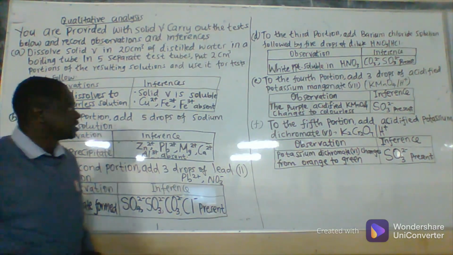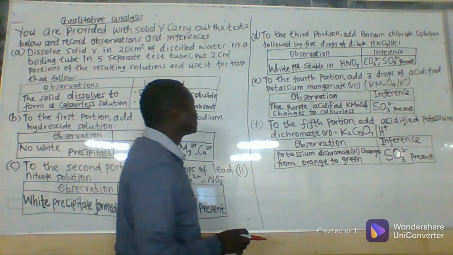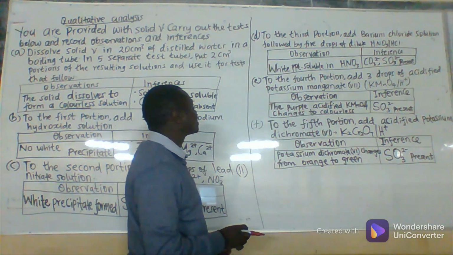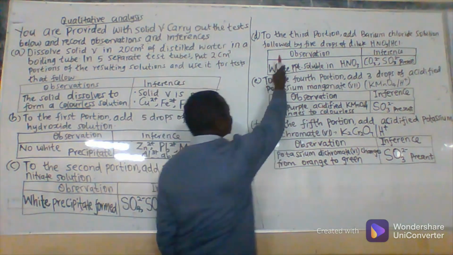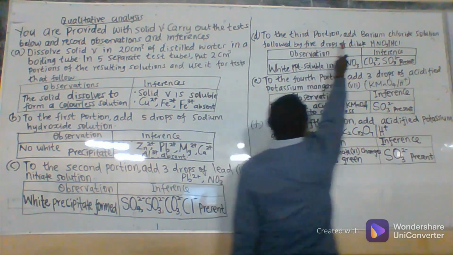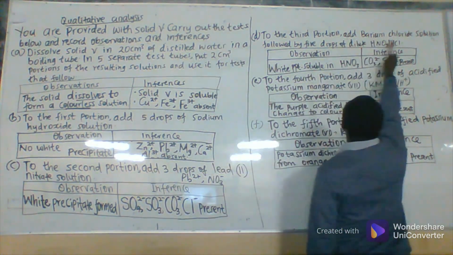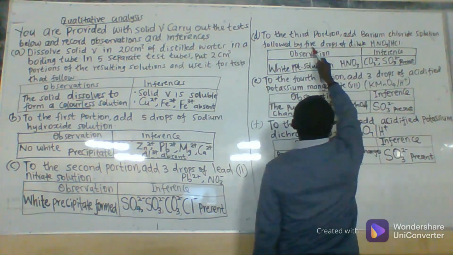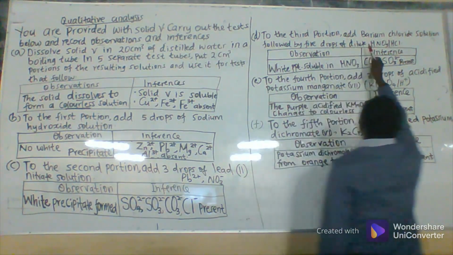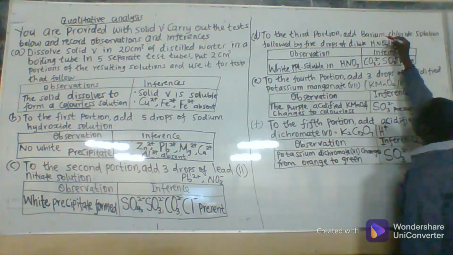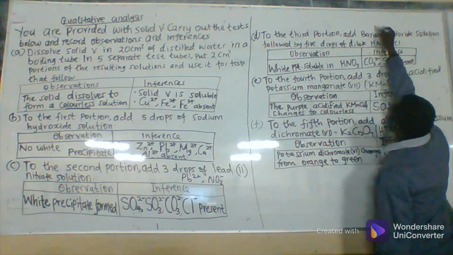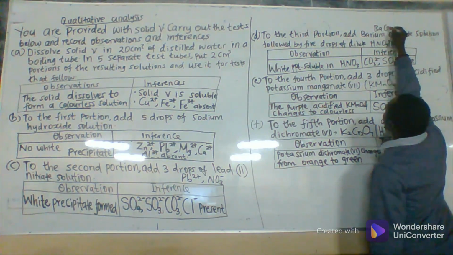Now, to the third portion, the learner was told to add barium chloride solution, followed by 5 drops of dilute nitric acid. Instead of using barium chloride, you can also use barium nitrate.